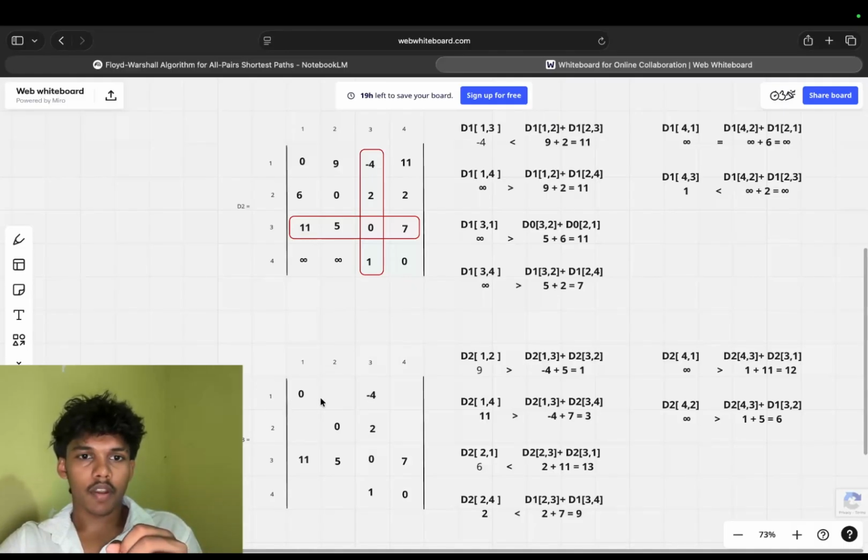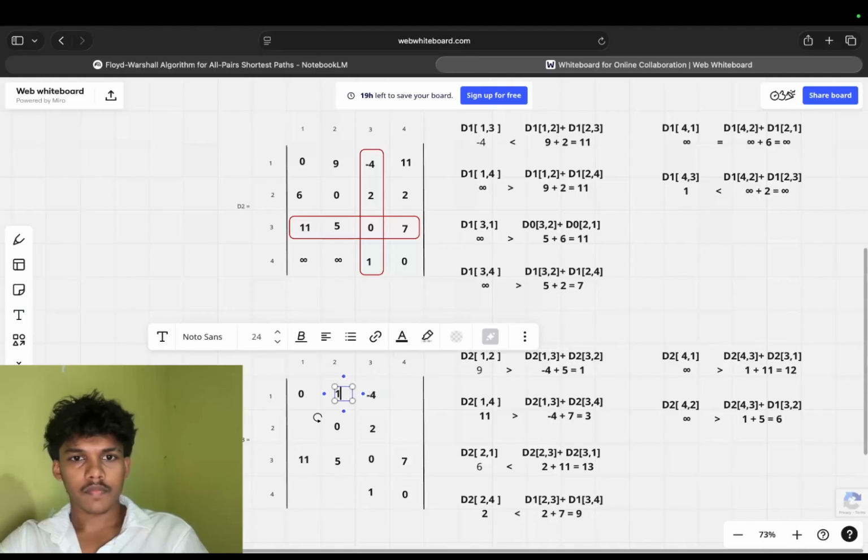So first we have to find out 1 to 2. 1 to 2 is 9. Our middle element path is 1 to 3, then 3 to 2. 1 to 3 is -4, 3 to 2 is 5. So answer will be 1. So 1 is less than 9, so we will choose 1. Alright.